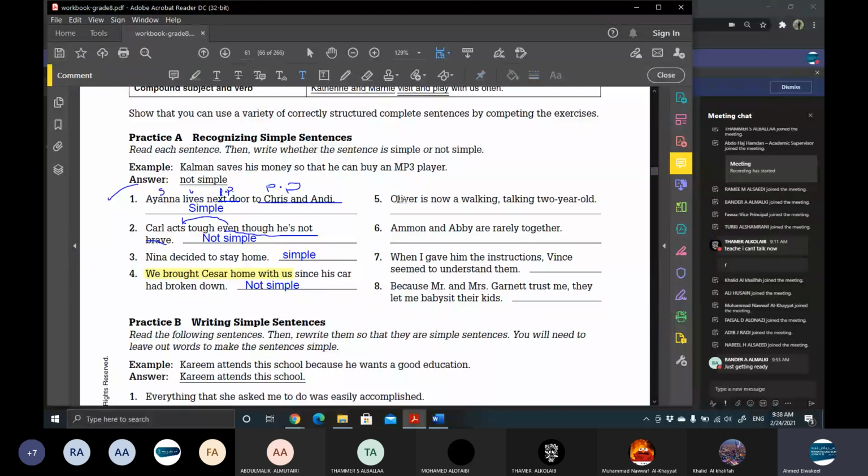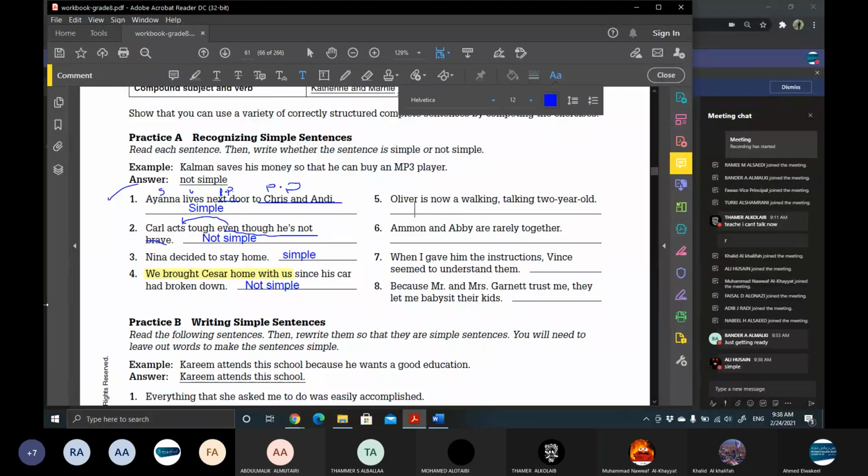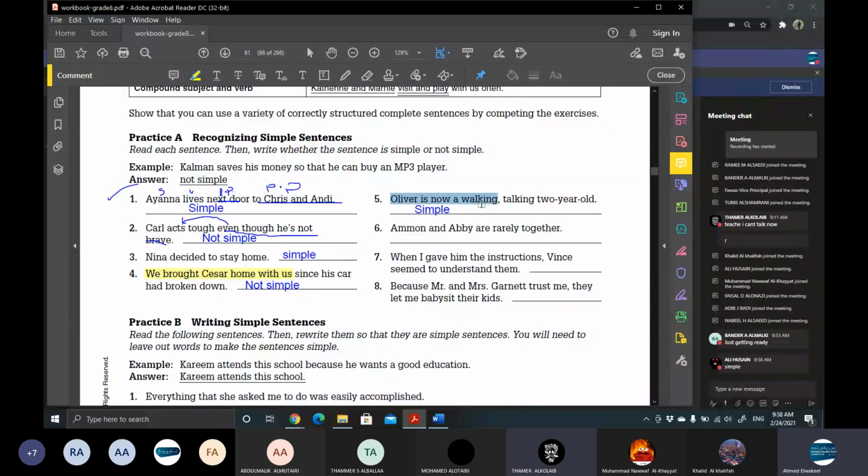And number 5, Oliver is now a walking, talking 2-year-old. Simple or not simple? Any idea? Simple. Why? You have a subject, you have a verb, time reference, and object.